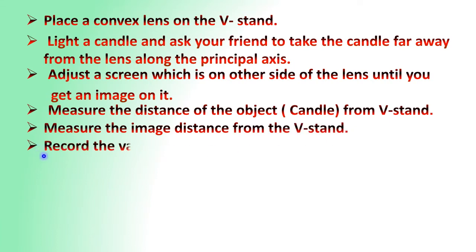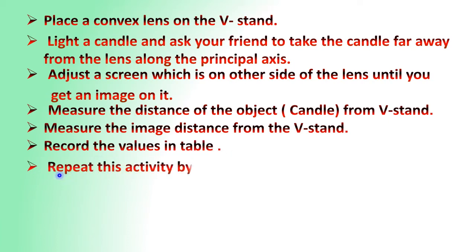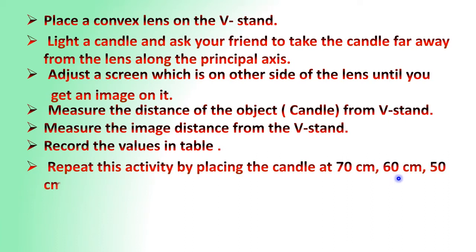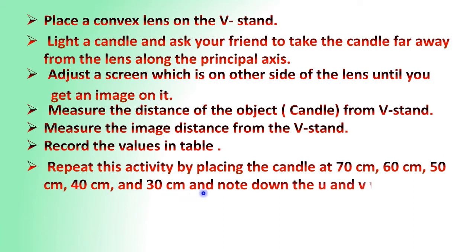Now, record the values in the table. Later, repeat this activity by placing the candle at 70 centimeters, 60 centimeters, 50 centimeters, 40 centimeters and 30 centimeters, and note down the U and V values in the table.